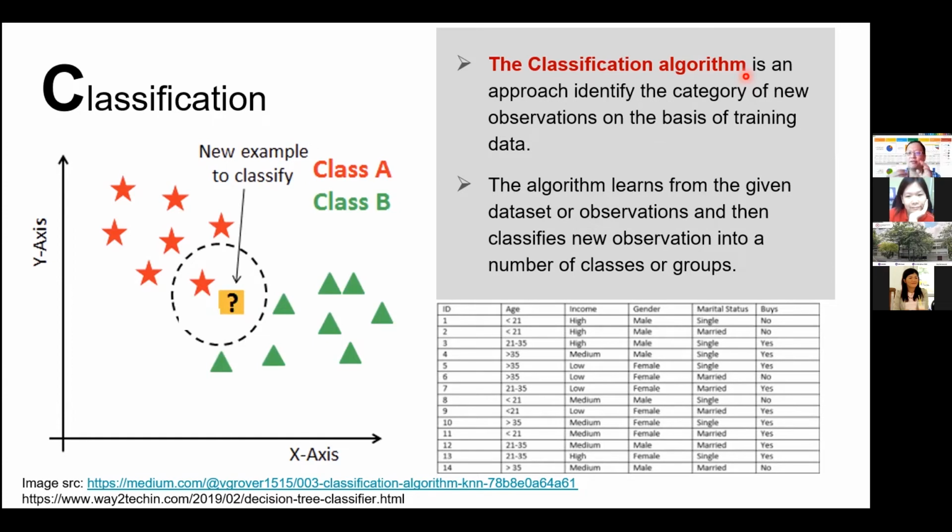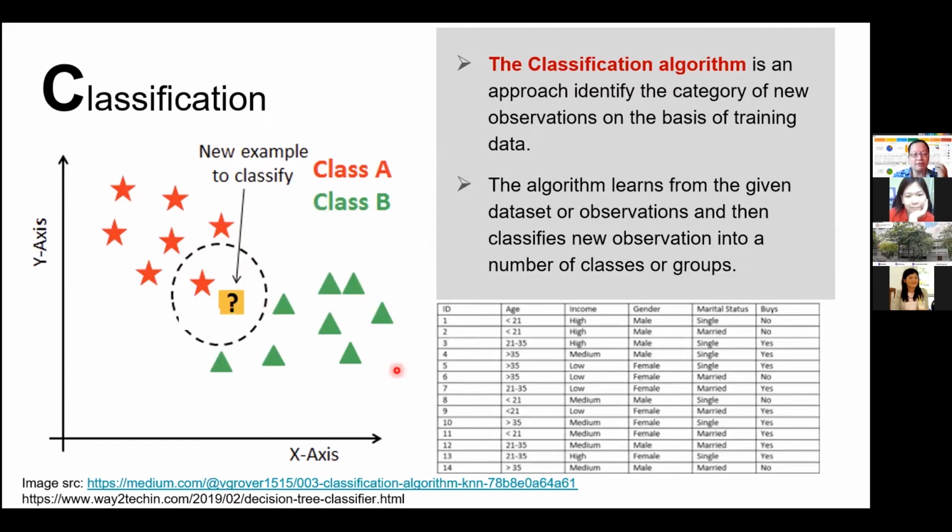We create a model and tell the model this data belongs to this group, or we tell it the label of the data. For example, in this picture, we tell it this star belongs to class A, and this triangle belongs to class B.